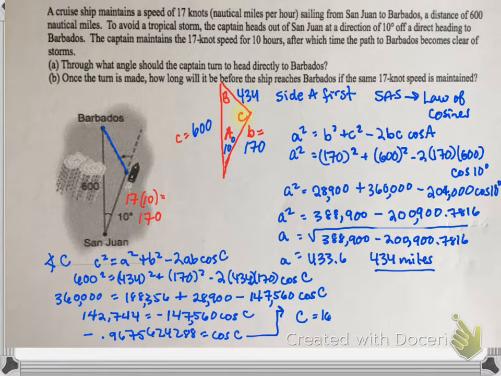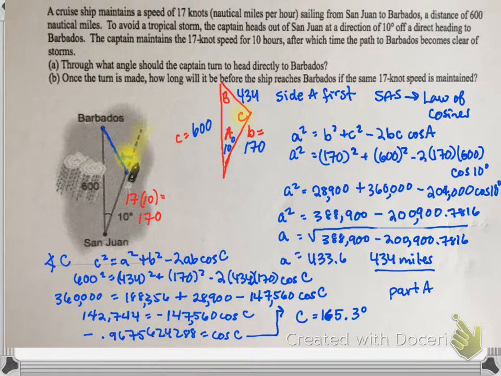So once again, you might have to stop the video to work out those numbers. Okay, but that is not my answer, because for part A, it asks us what angle the boat needs to go. So if you look over at the original problem, we're looking for that.